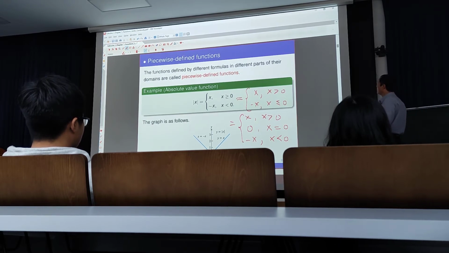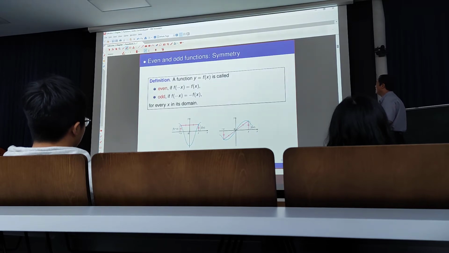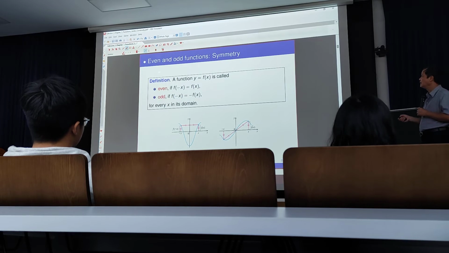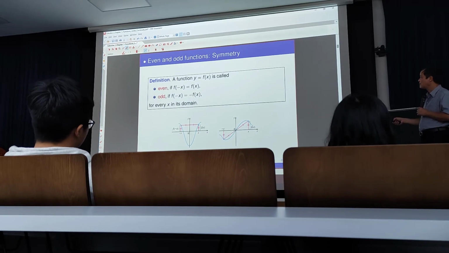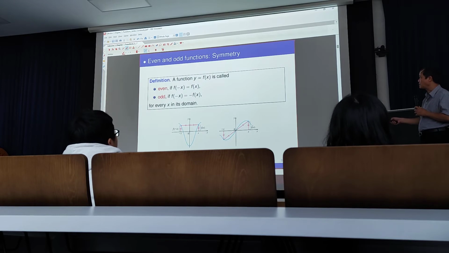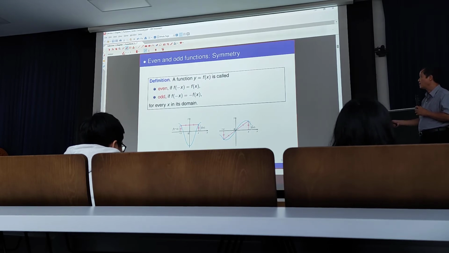Okay? This is piecewise. The other type of function you know is even and odd function. Hàm chẵn và hàm lẻ. The even function is a function where, if you change the sign of the argument, you have the same value. And the odd function, you have the opposite, for all x from the domain.